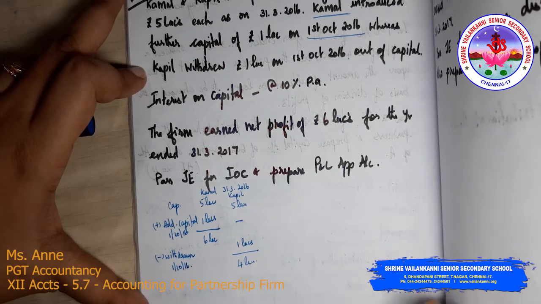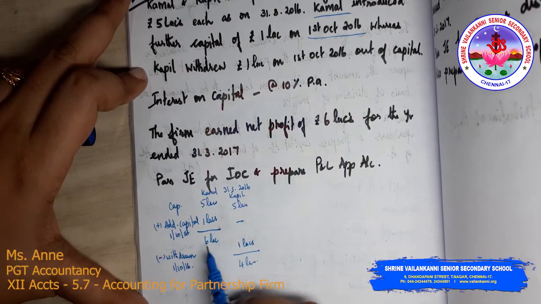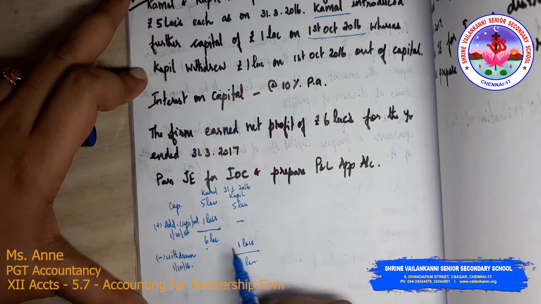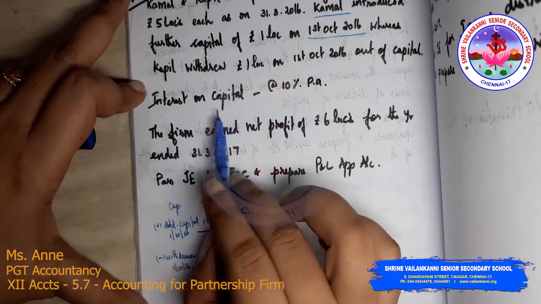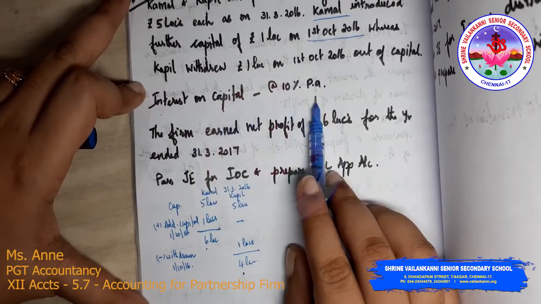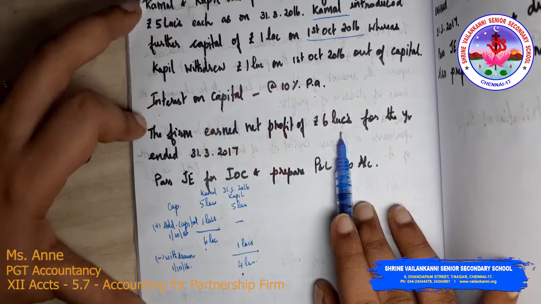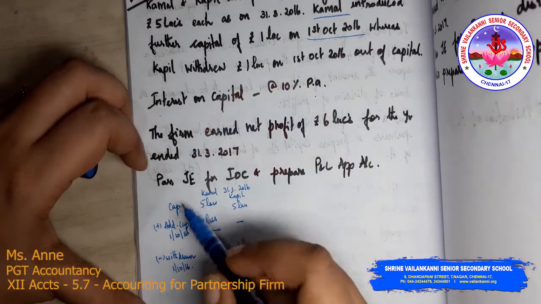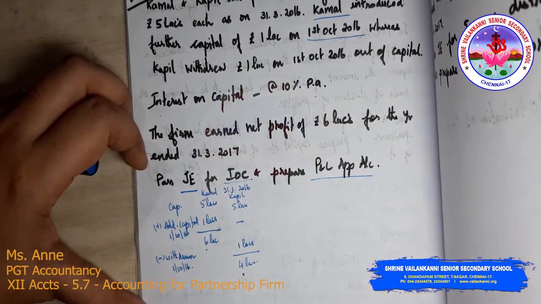These two dates are very essential, it's a key. So we have come to a conclusion that Kamal's capital is 6 lakhs and Kapil's capital is only 4 lakhs. But we have to charge interest on capital at 10% per annum. The firm earned a net profit of 6 lakhs for the year ended 31/3/2017, and you have to pass the journal entry for interest on capital and prepare the P&L appropriation account.